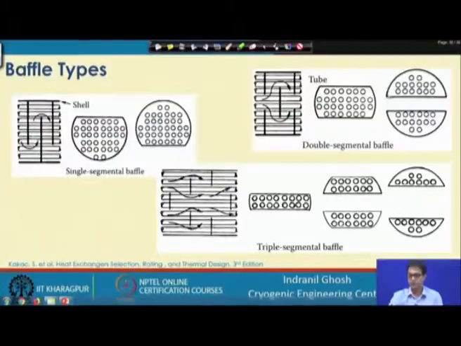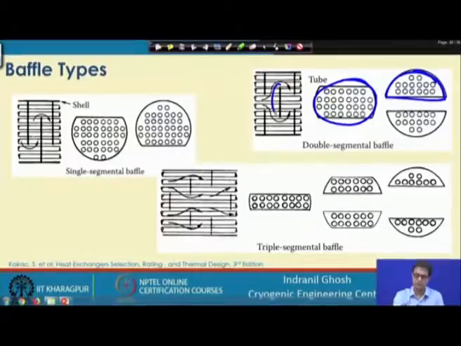whereas in the case of the double segment, as you can understand, we have this part for one end and the other part at the middle, which is like this. So, this is the one which corresponds to this one, but corresponding to this part and this part, we have this end and this end. Like that, they are arranged in the double segmented baffle.